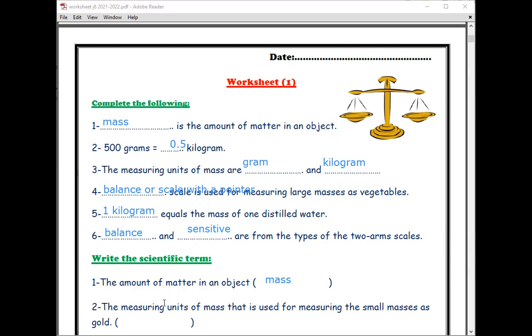Don't forget, if he asks you about the units, it is gram or kilogram, but he needs the small masses, so it's the gram. Because the gram is the unit to measure small masses, but the kilogram is the unit to measure large masses.